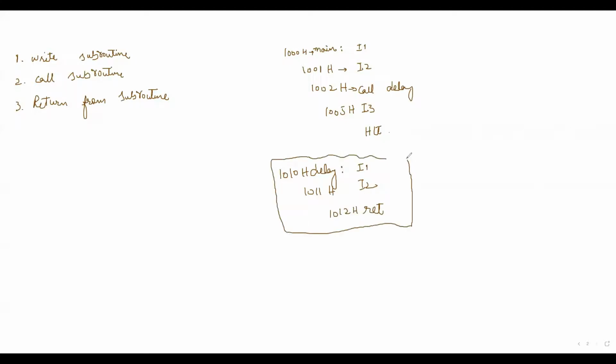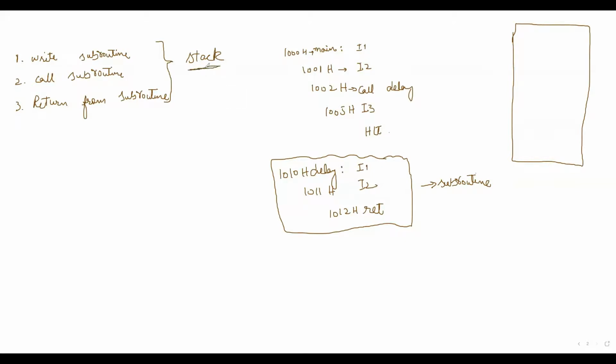Okay. So this is my subroutine, performing some function. So let's say what is happening inside this program. Okay, so this is my memory. And you have to remember, whenever we are using a subroutine, we have to use a stack. I will show you why we have to use a stack. But whenever we have to use a stack, what do we have to do?